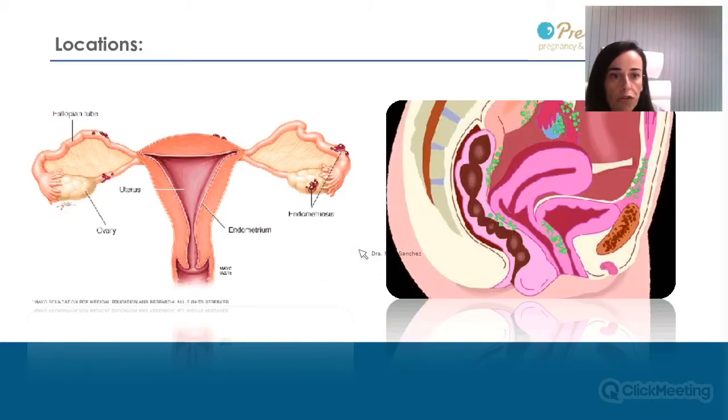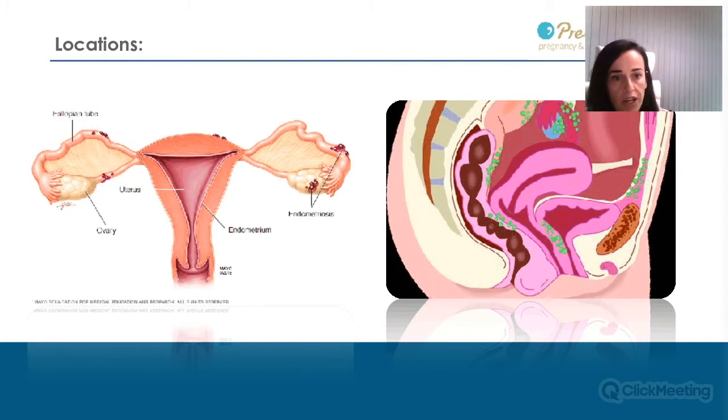The locations of the endometriosis depend on where this endometrial tissue grows. The most frequent locations are in the ovaries, usually as cysts, and in the tubes. But we can also see implants in the surface of the uterus, in the wall of the uterus, in the ligaments from the uterus, the uterosacral, in the bladder, in the abdominal wall, in the bowels, and we can even find endometriosis in the lung.